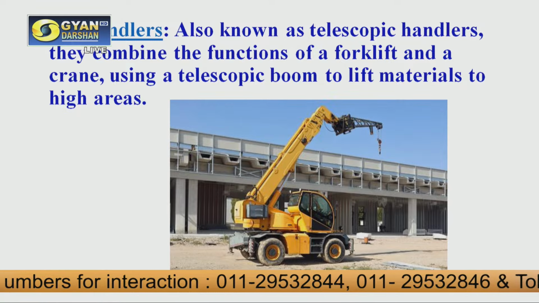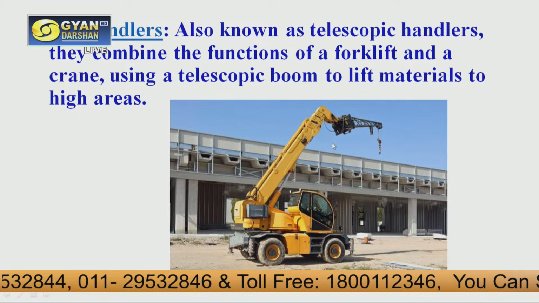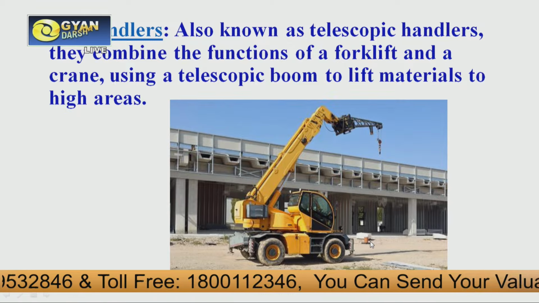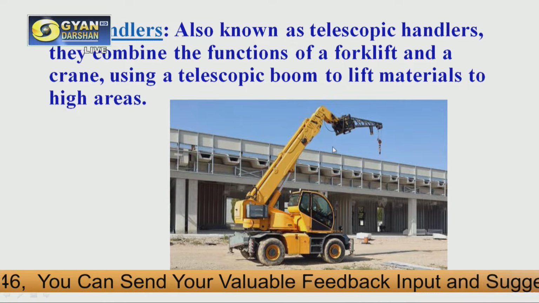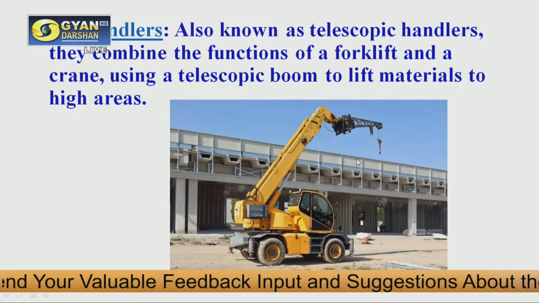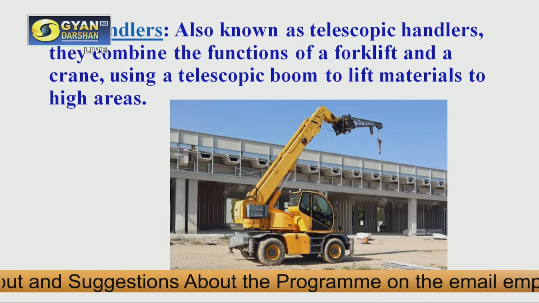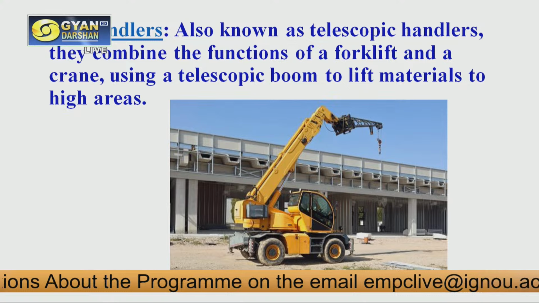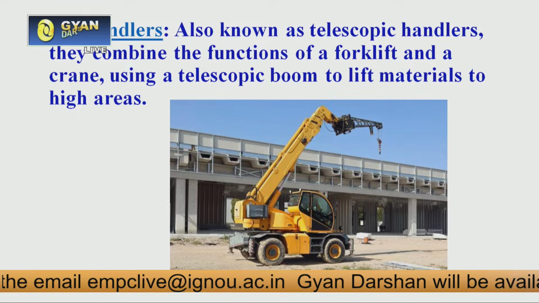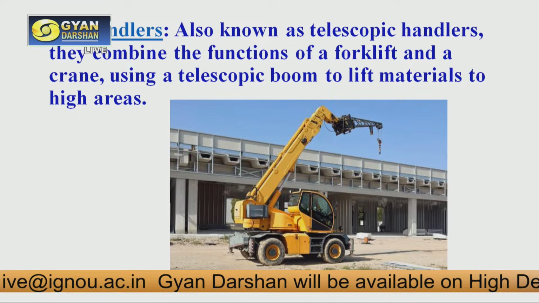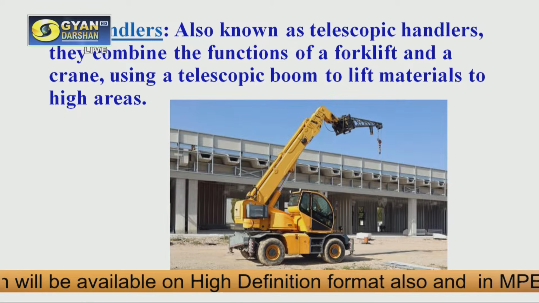As you see here, if you want something to be placed from the ground onto a higher level, and not only on that higher level but deep into it, you need a long boom. So that is fitted there. This machine is helpful while dealing with material which is to be placed at a higher level and deep inside.